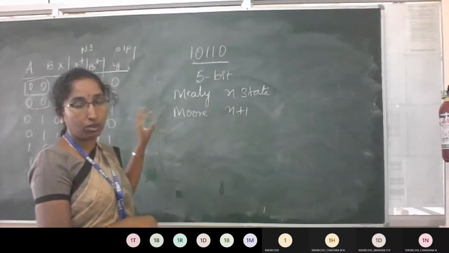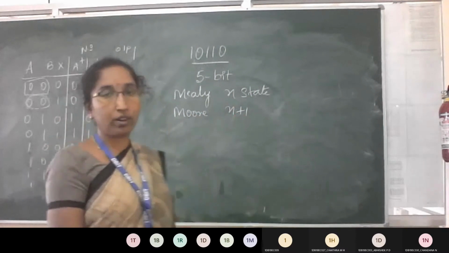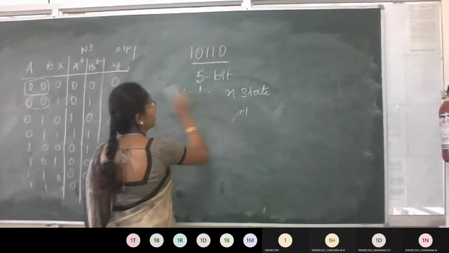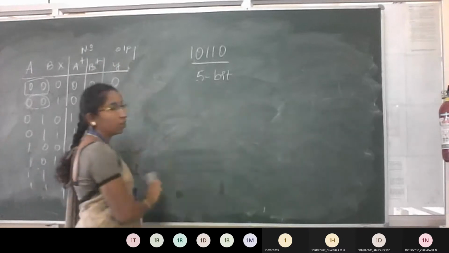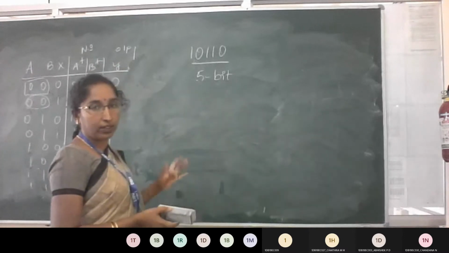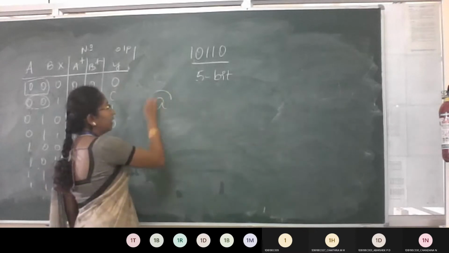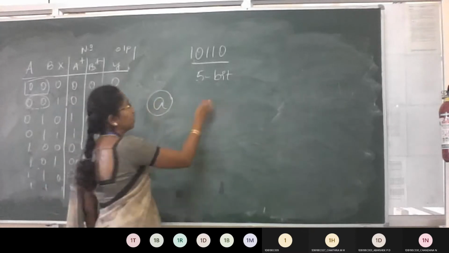Now in this case you have 5 bits, so 5 states if I am doing Mealy. You can take any state names, S0, S1, S2, S3 like that, or you can take alphabets.